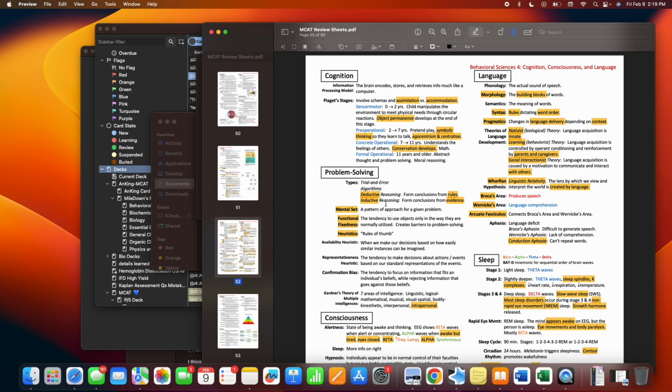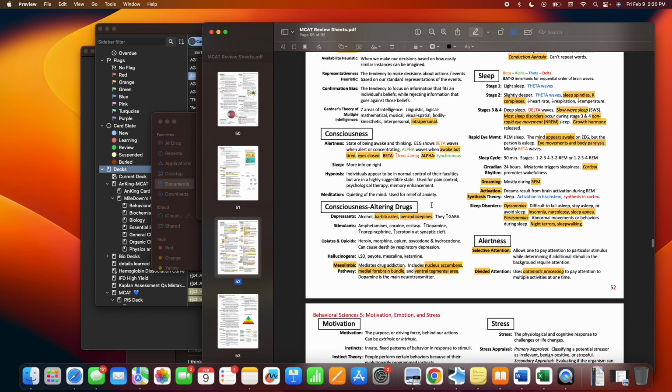A good example for inductive reasoning would be Sherlock Holmes, right? Or any CSI series, where the detectives come to the crime scene and see a bunch of evidence and try to form conclusions, do their reasoning, right?